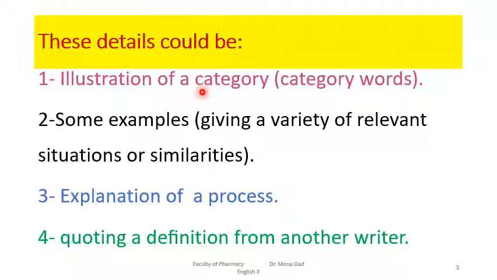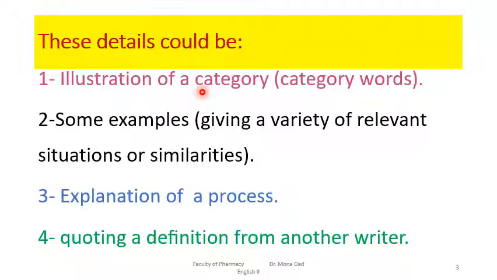For example, if I say decay is a process. Decay is a process. تحلل هو عملية in which the body, or decay is a process after death. For example, تحلل عملية تحدث بعد الموت.